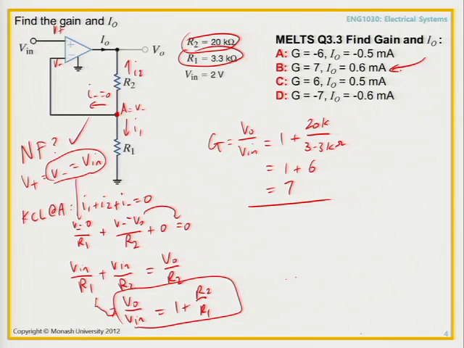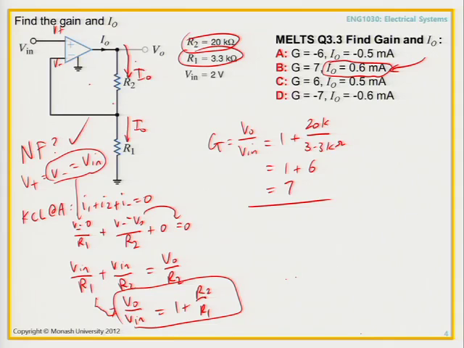So how do we actually get this current? Even though you know that the current should be 0.6, where does that come from? You've got I0 here, and we're asking you what that current is. Well, to find the current through I0, let's get rid of all this marking so it makes it easier to see. I0 comes out of the op amp, goes through R2 and through R1, right?